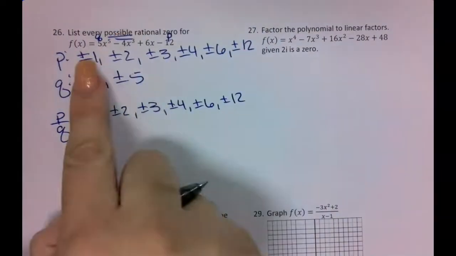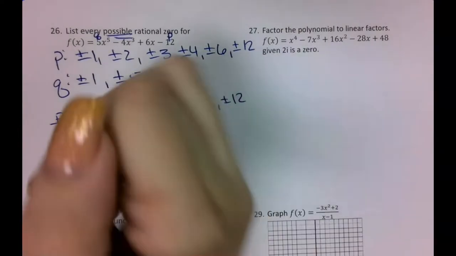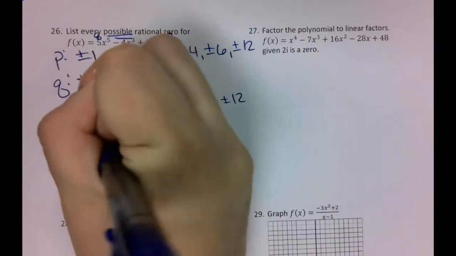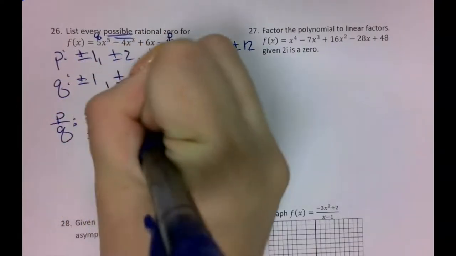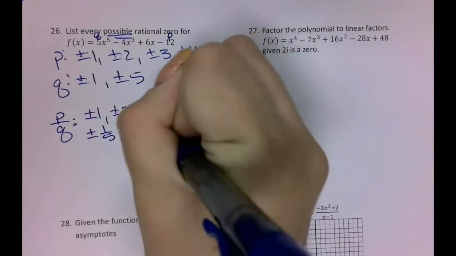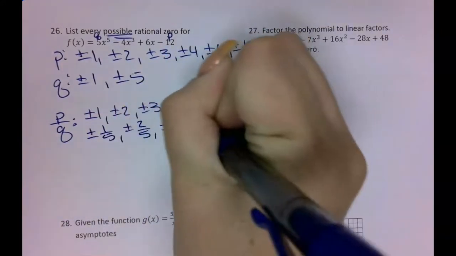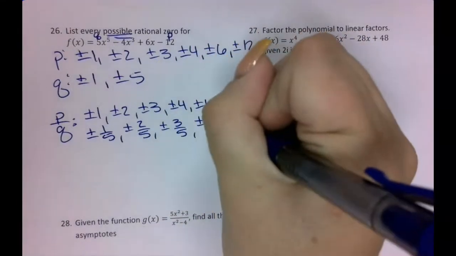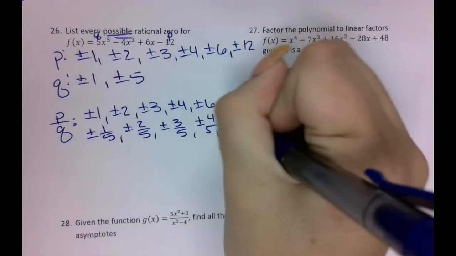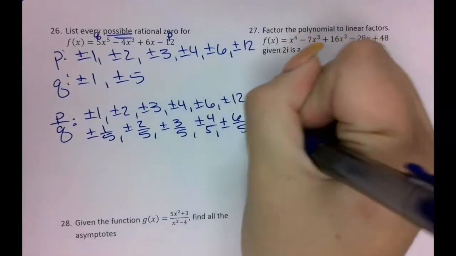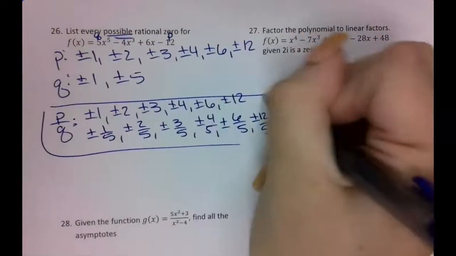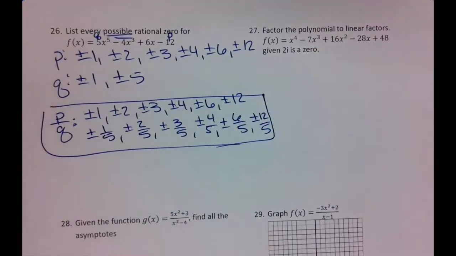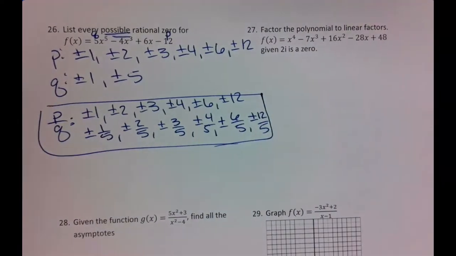And then I'm going to do the same thing and divide all of these by 5. And all of these are my possible rational zeros. I'm not looking for the actual answer here, just the possible answers.